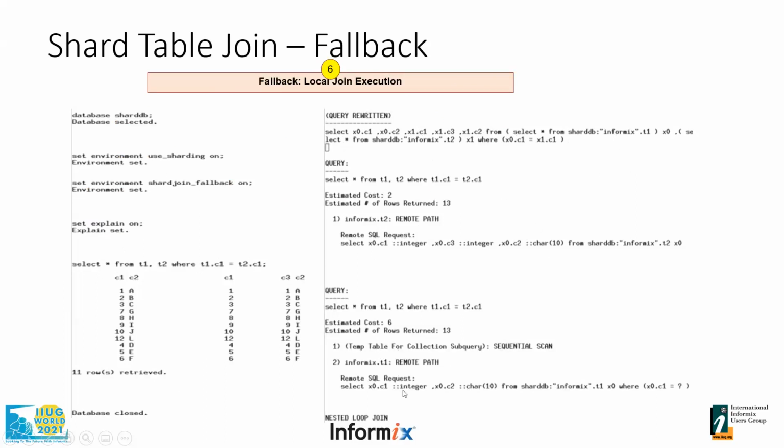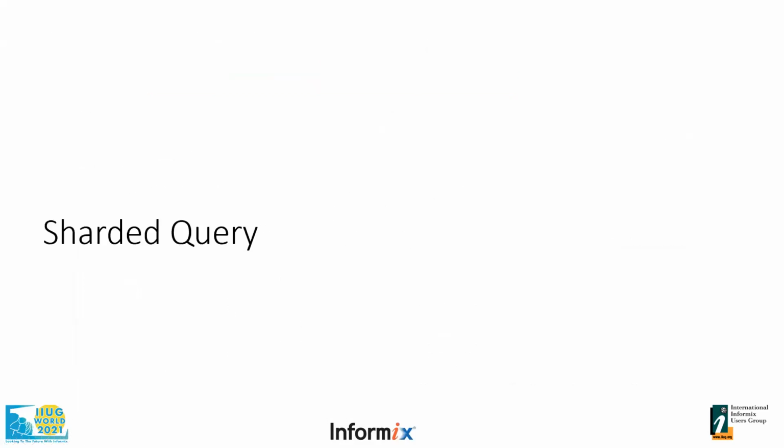And then with that, it's going to join with this table. As I said, it's suboptimal. Normally sharding is done when the table is really huge and we want to distribute it across multiple instances. This is just a way to get around that problem, and the query is executed to completion.